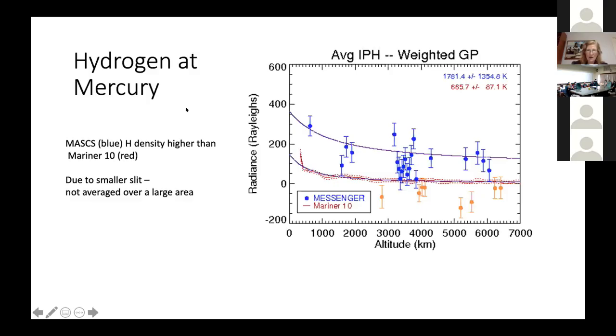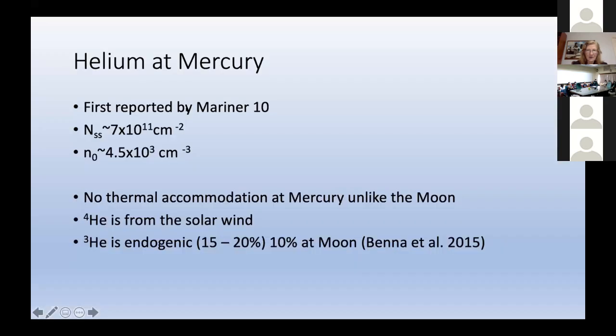You have to know what that is to subtract it. And that's difficult. So for helium, there was an upper limit reported by Mariner 10, which is probably very much too large.